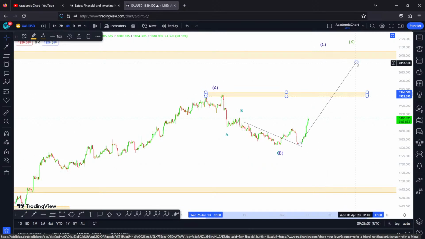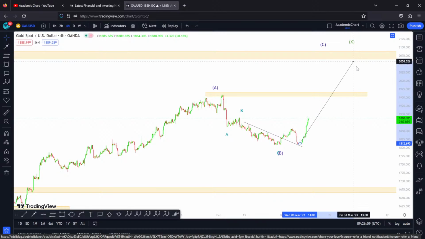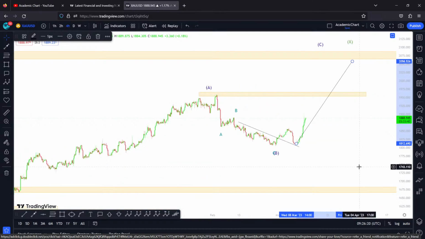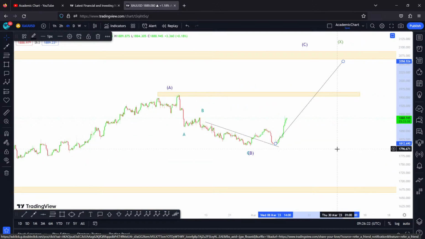I'm hopeful that this midterm analysis is wrong and we reach this point and come back, and we start some sort of reversal. But anyhow, I just wanted to come up with some update on this chart and confirm what we had as analysis previous time.